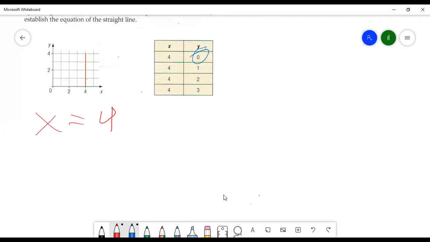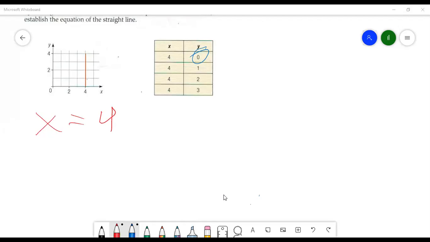So x equals 4, whatever the value of y, right? Because whenever one of the values x or y is constant, we're not going to find a rule for that. The rule is the constant value, x equals 4.